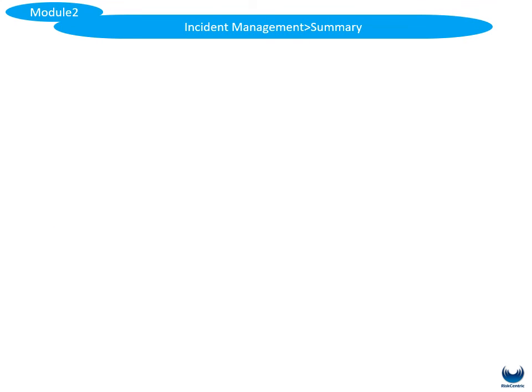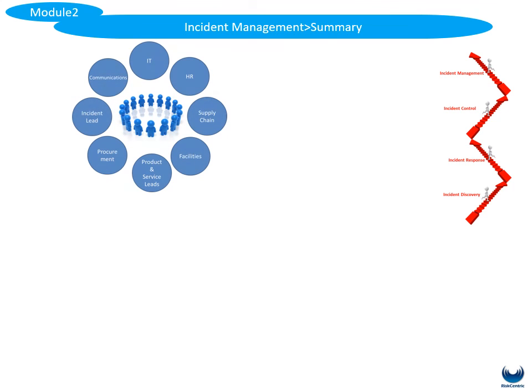We have now completed Module 2, the Incident Management Plan. In this module, we've covered the incident escalation process, incorporating incident discovery, incident response, incident control, and incident management. We have looked at the composition and roles of the crisis or incident management team.